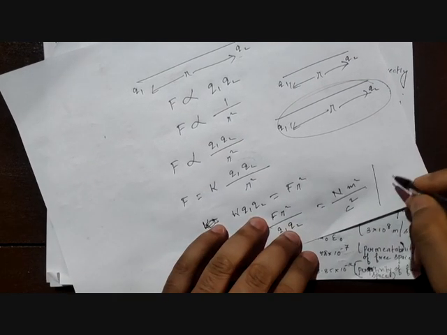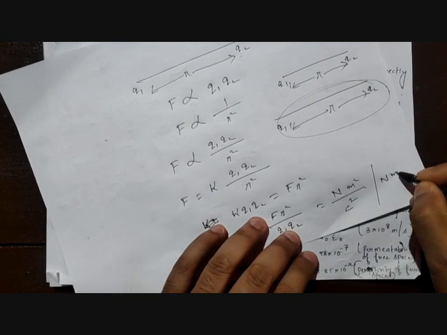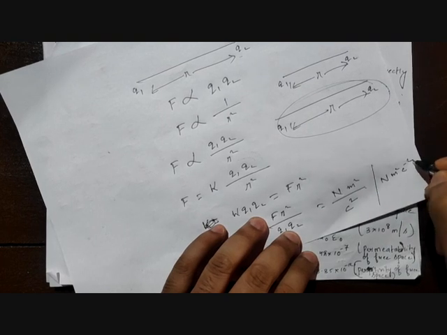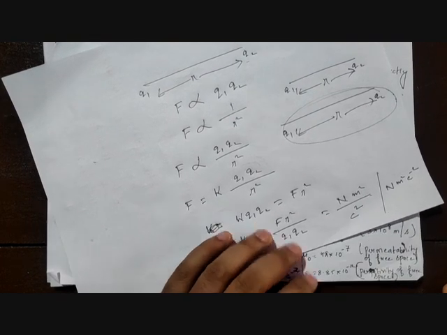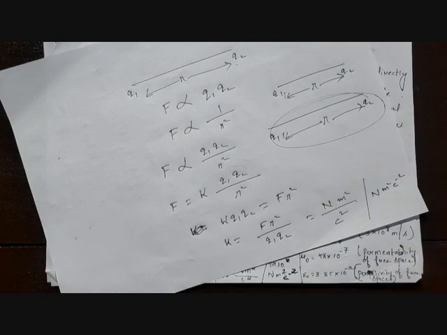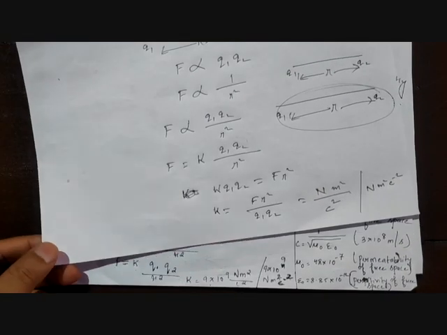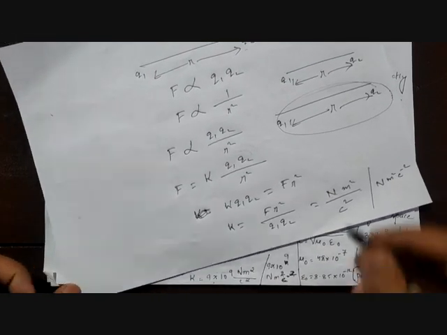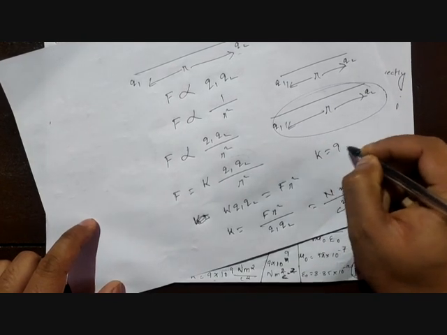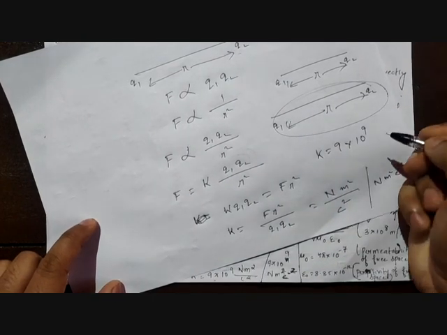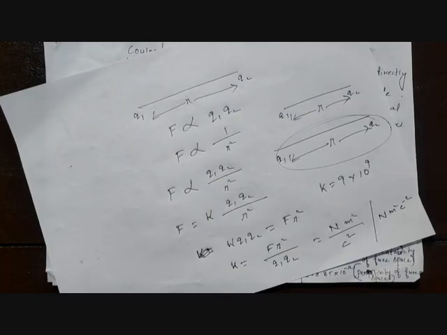So obviously we can write here N m square C to the power minus 2. Clear? So this is the unit of Coulomb's constant, and its value is 9 into 10 power 9. It's a fixed, constant value, clear? So this value can be used in numericals.